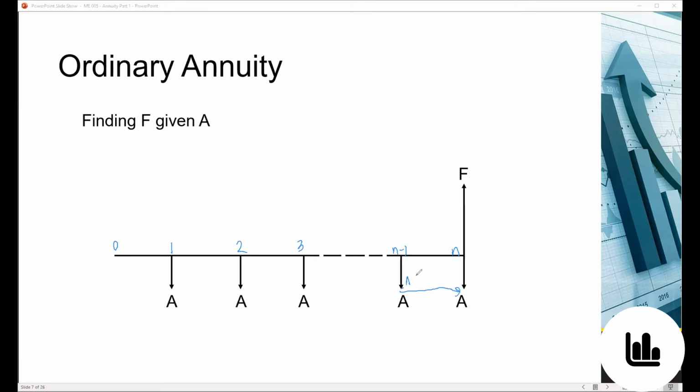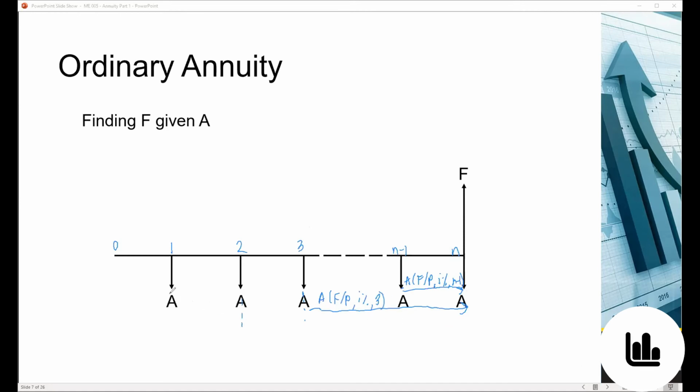So this will be A, F given P, interest rate, and periods. Then we have, ay n-1 pala yun. So, ito naman would be A, F given P, interest rate at 3 periods kasi nasa period 3, no?